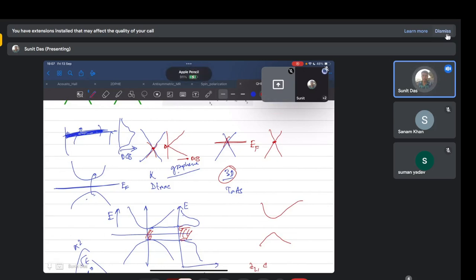There is a review by Zahid Hasan and some other people, a fantastic and detailed review for understanding it. I can send that paper to all of you. So that's the basic level, and there are a lot of other details.